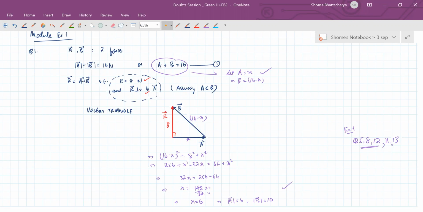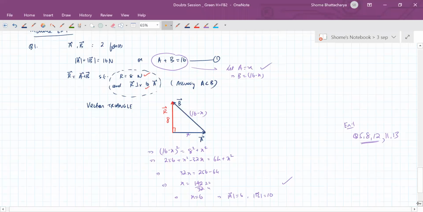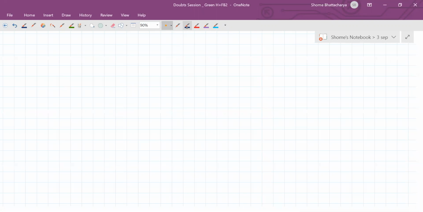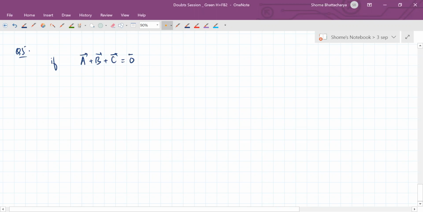Okay, so question 5, what you have to do is you have to kind of extend the triangle inequality a little bit. Okay, so let me explain how that works. So for example, if you have A plus B plus C is equal to 0, you know that magnitude of C is equal to magnitude of A plus B. Okay.